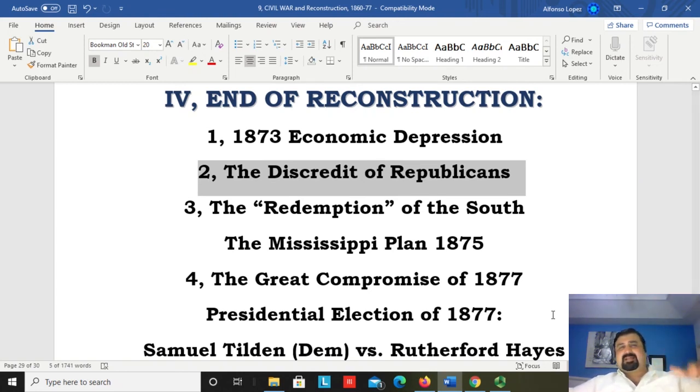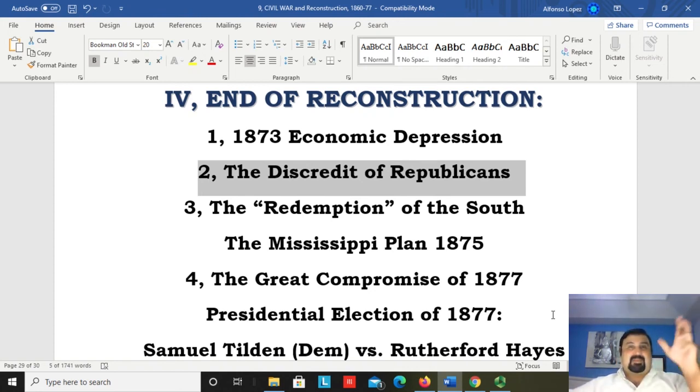Number two is that because the Republicans have been in office ever since 1860, they were blamed for the economic depression. So because the Republicans were blamed, then the issue of Reconstruction, which was the main issue of the Republican Party, is going to also be discredited. In other words, maybe this economic depression happened because Republicans have been so worried about Reconstruction, they forgot about the economy.